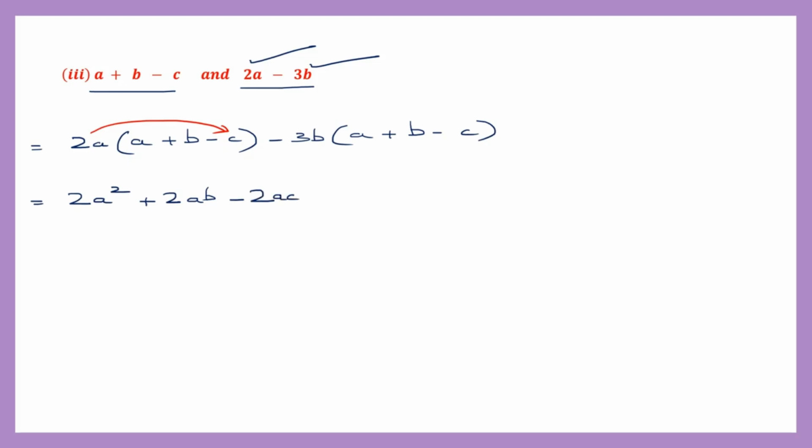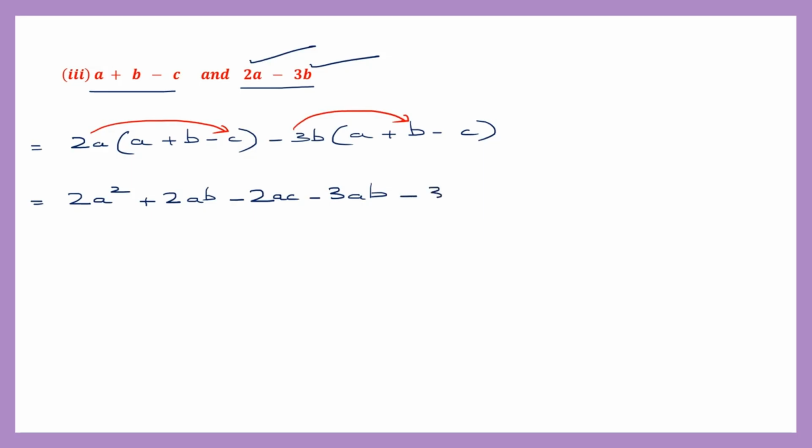Now let's go to the next part. Minus 3b into a. So the sign here will be minus. The number is 3. b into a is ba, or you can write ab. So this part is over. Now we multiply minus 3 into b. The sign is minus.